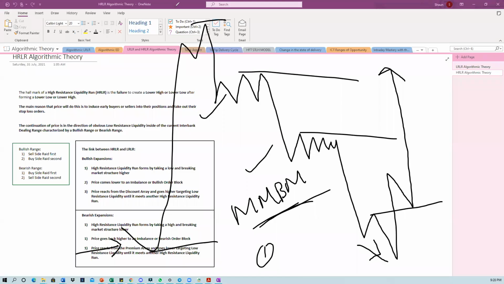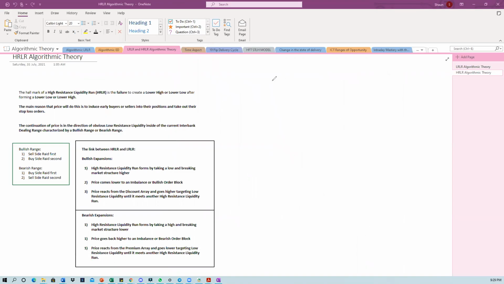Now, what people fail to understand, because I've seen so many groups on this, especially on Euro USD, people are saying, okay, I think Euro USD is in a market maker buy model. I think Euro USD is in a market maker sell model, right?